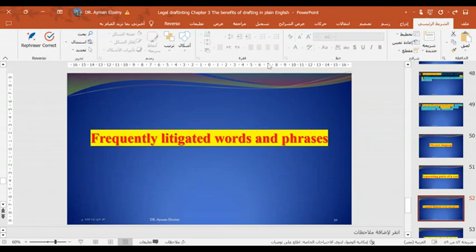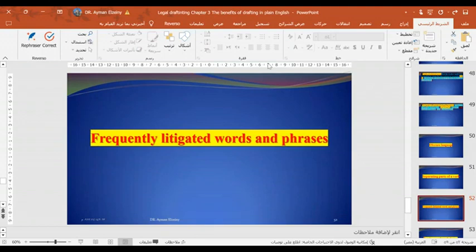However, it would be more logical to be suspicious of constantly litigated words and phrases, for the frequency of litigation suggests an inherent problem with the meaning. A word or phrase that has produced frequent litigation should surely be avoided.